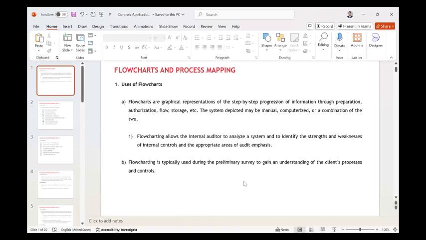So flowcharting is not only about documenting a process, it's also about mapping a process. It's also about mapping the controls and seeing whether an improvement needs to be made.